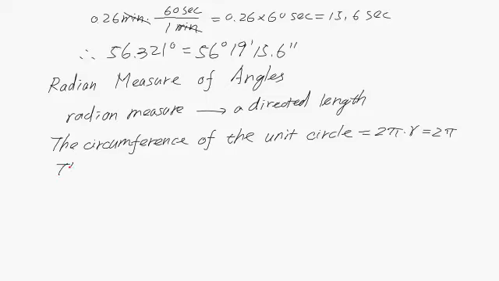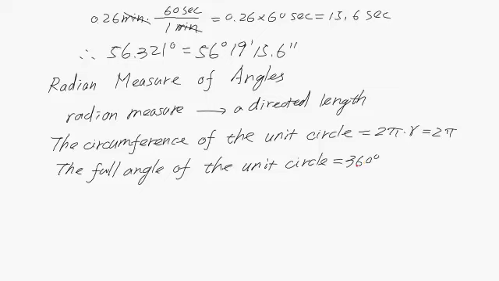So the full angle of the unit circle is equal to 360 degrees. Now we have two measures to measure the same angle, the full angle of a unit circle. One is in the degree measure, another one is in the radian measure.